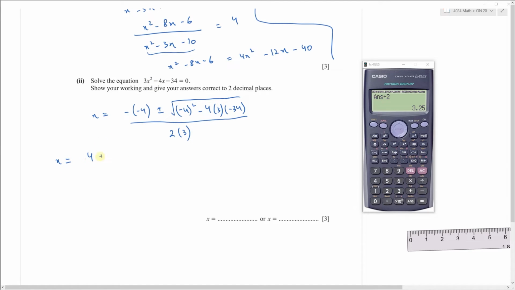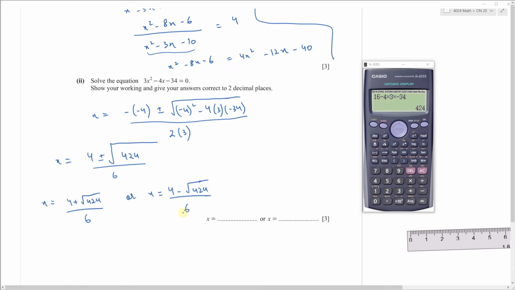This becomes plus 4 plus or minus square root of 16 minus 4 into 3 multiplied by minus 34. So this will be square root of 424 divided by 6. So x will be 4 plus square root 424 divided by 6, or x equals 4 minus square root of 424 divided by 6.